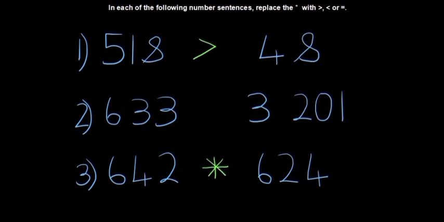So that means 633 is less than 3201. And we know we have chosen the correct symbol here because the closed side of the inequality sign is facing the smaller number.